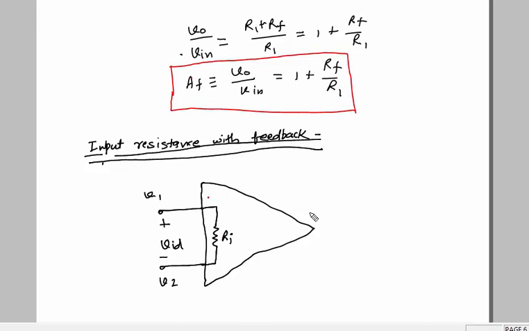Okay, so this is the positive terminal and this is the negative terminal. So here we are applying the input.